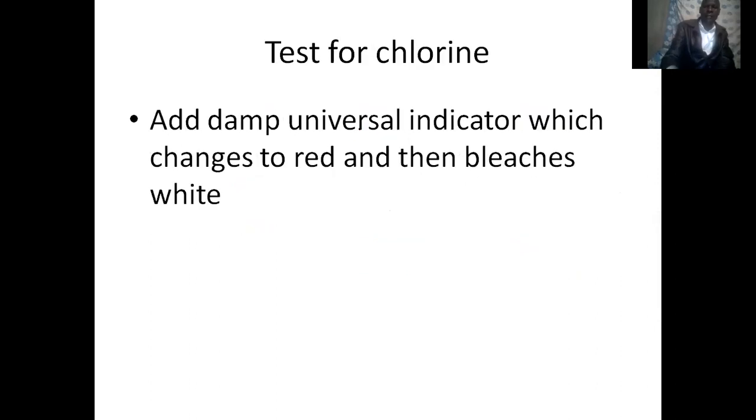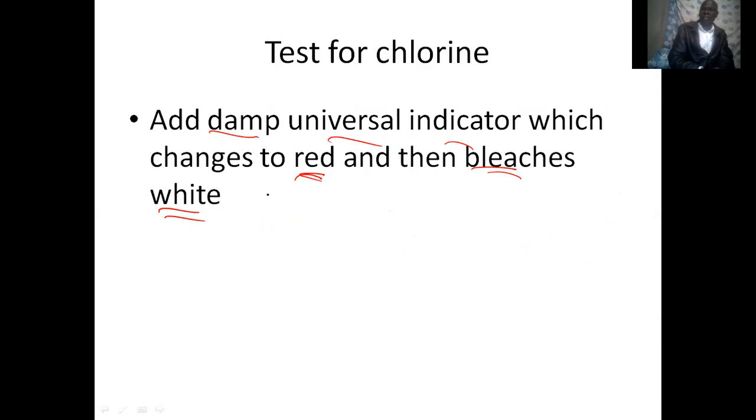meaning that it sublimes. You can test for the presence of chlorine by using a damp, meaning wet, universal indicator, which will change color from red and then bleach, meaning that it will lose color and become white.